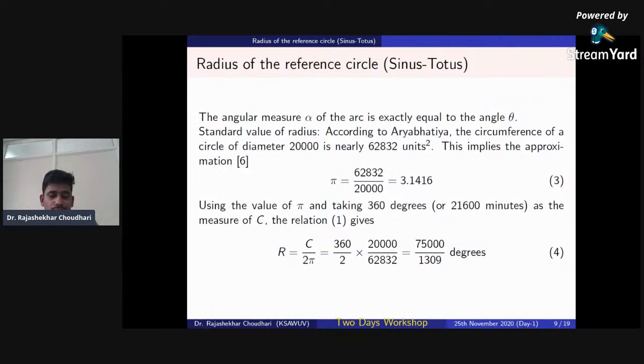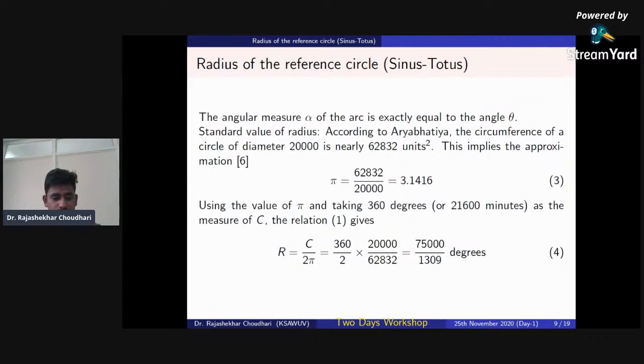If we substitute the values, 360 divided by 2 multiplied by pi, we get 75,000 divided by 1309 degrees. So this is the value of radius which was considered by the Indians. This value of radius can be converted to minutes, seconds and thirds. We'll just see how to convert this value in terms of degrees, minutes, seconds and thirds. Let us take this first value.